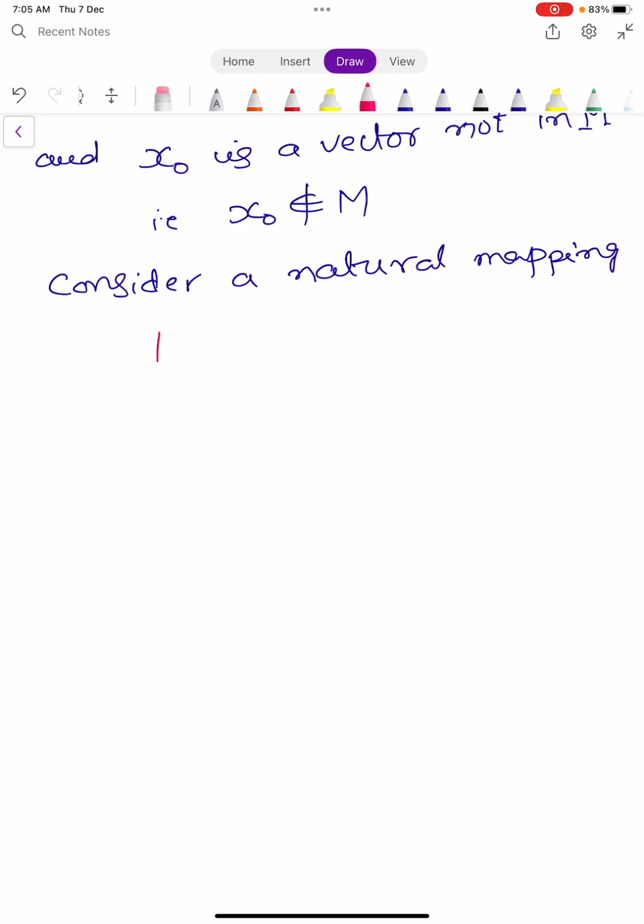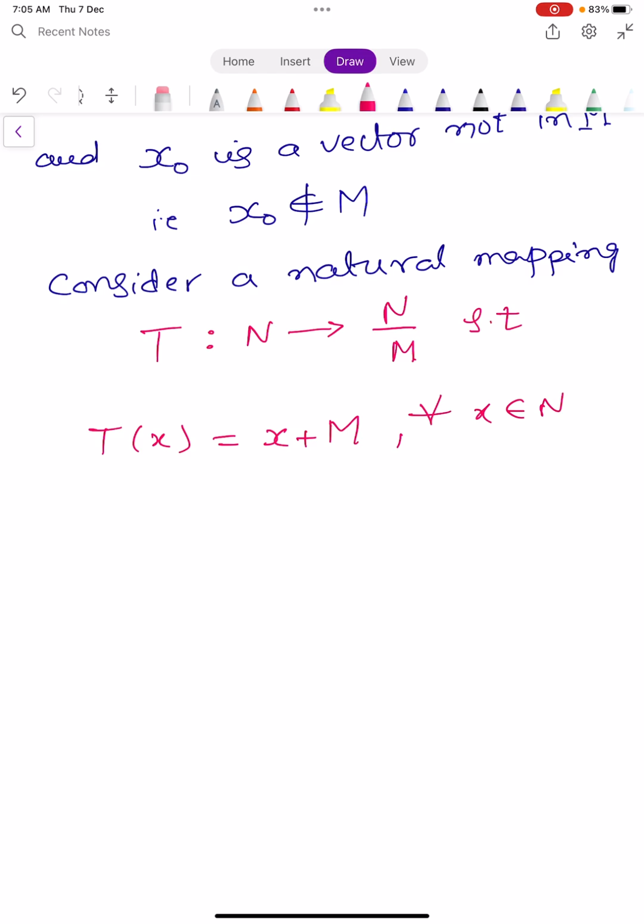Capital T maps N into N by M such that it is defined like this: T of x is equal to x plus M for all x belongs to capital N, with the property norm T less than or equal to 1.